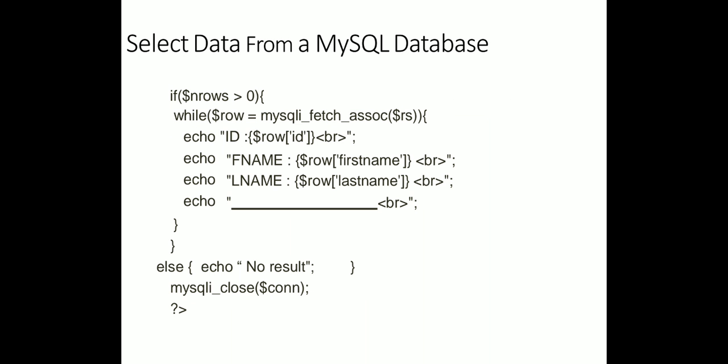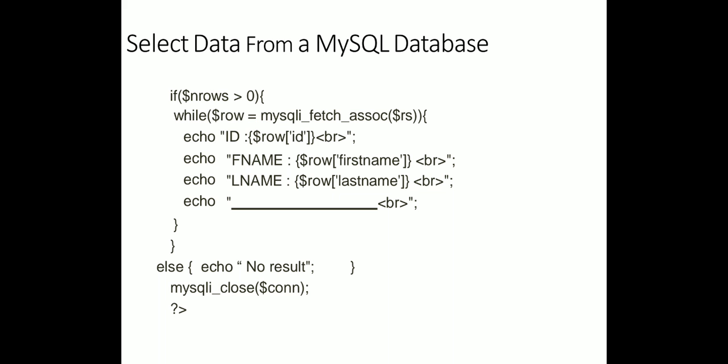Next, if $nrows is greater than 0, now the actual working starts here. If $nrows is greater than 0, then there is again one condition. The if block will only be entered if the number of rows is greater than 0. That means there should be at least one record present in your stud table, right?